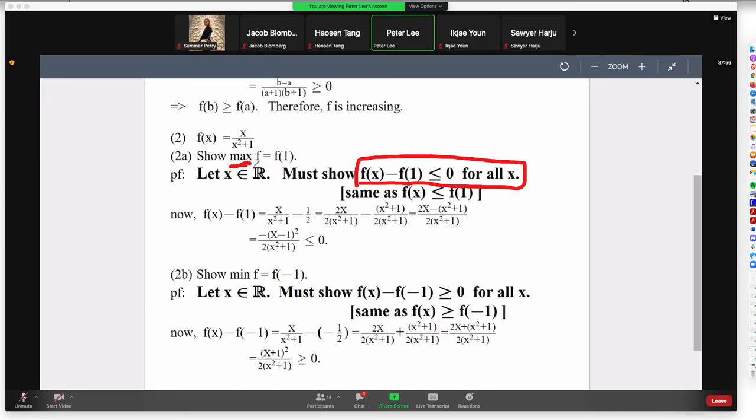This is correct, but it's basically saying in English that max f is f of 1. That means the maximum occurs at 1, but this statement is not an operating definition. This right here is the operating definition. This is the statement which we actually have to prove. Okay. Any questions here?